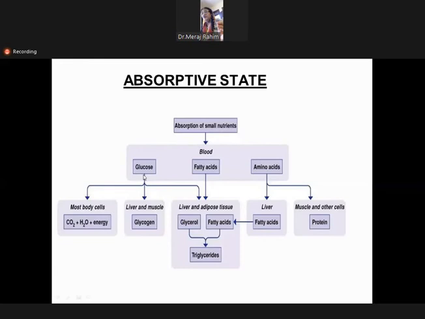If you look at the glucose, if it goes into the liver, if it is in excess, and in the muscle, it will form glycogen, which is a storage form of glucose, and when it is needed, it is reversible, it breaks down into glucose and can be utilized. And the glucose can also be utilized by the Krebs cycle into carbon dioxide, water, and energy. And if excess, glucose goes into the form of storage, that is glycogen.